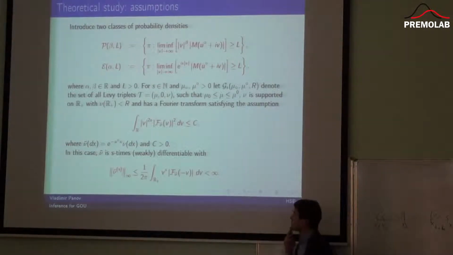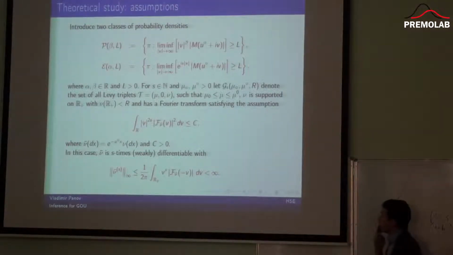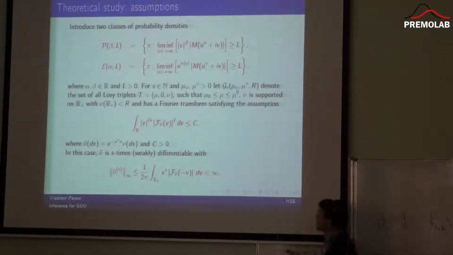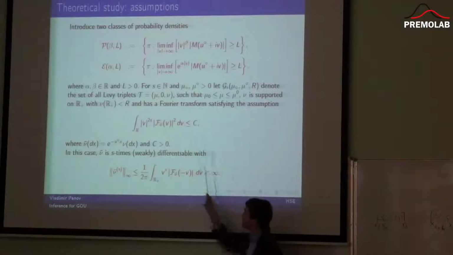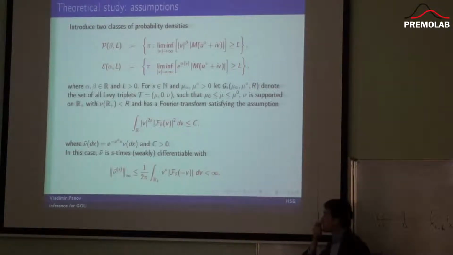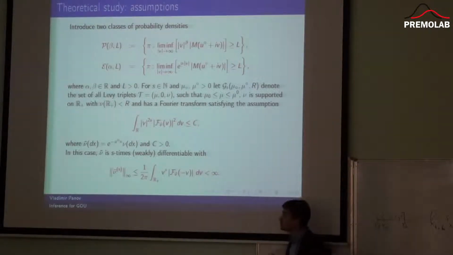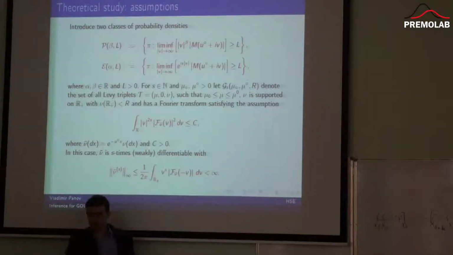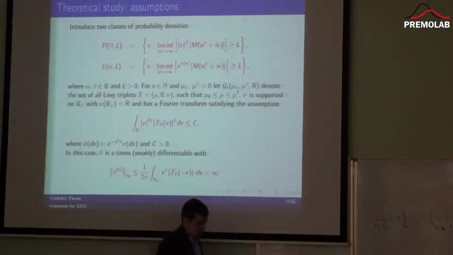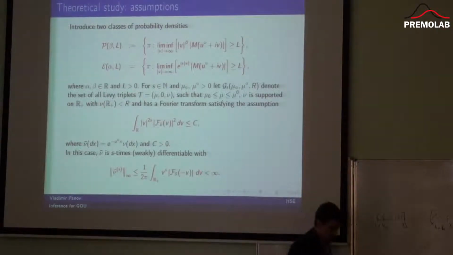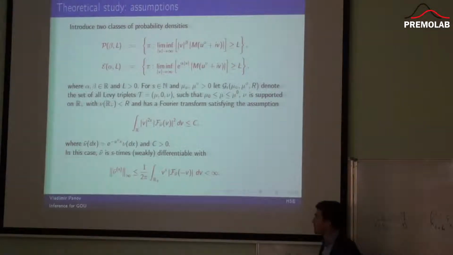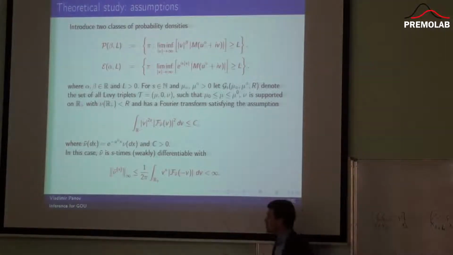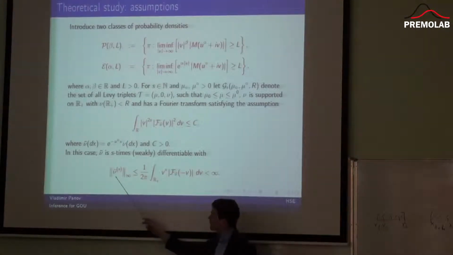And we also introduce a couple of additional assumptions. But what is the most important is the behavior of the Fourier transform. This condition seems to be a little bit artificial, but we can prove that in all our examples this condition is fulfilled. And actually, in some cases we can consider a much weaker condition about the derivative of the Levy measure.